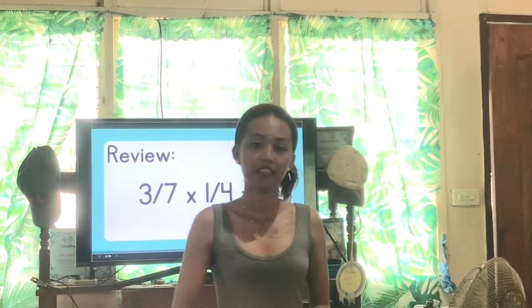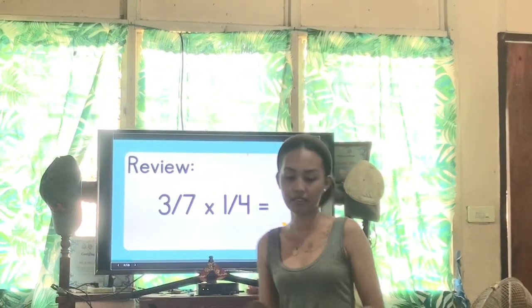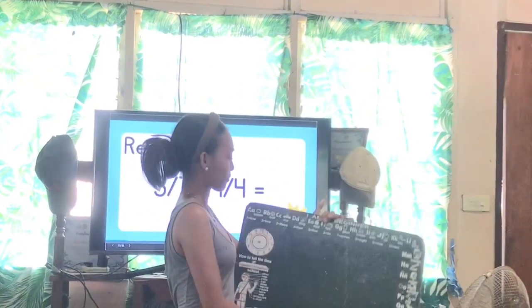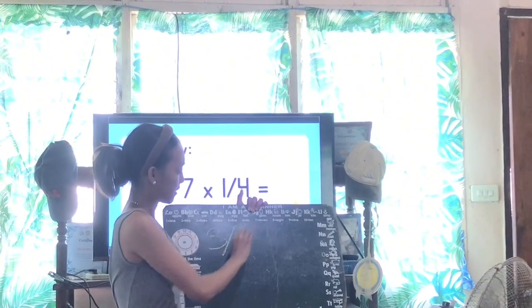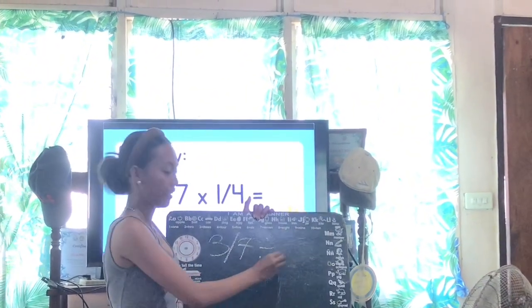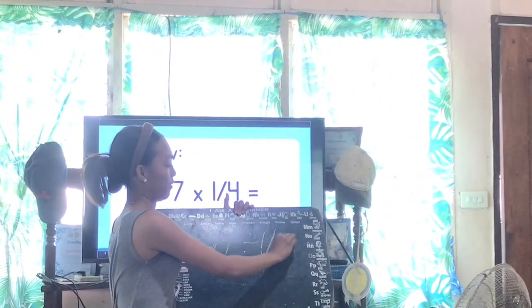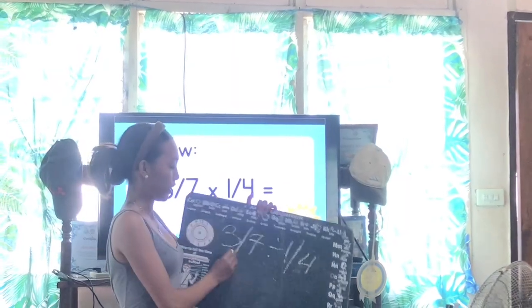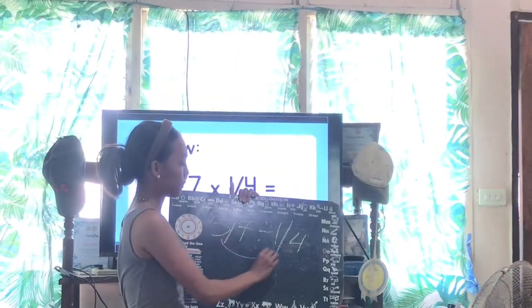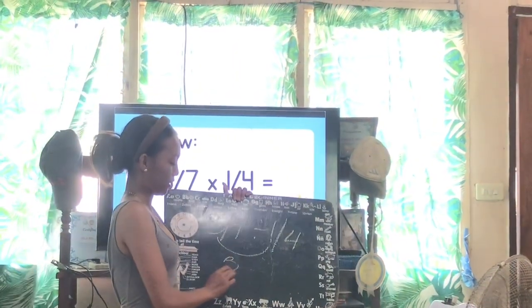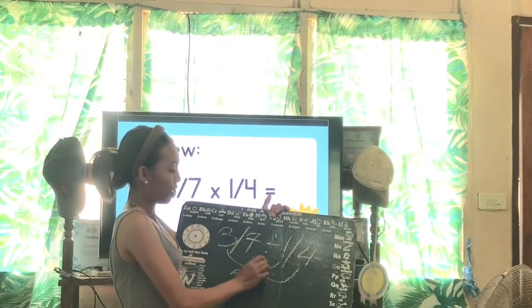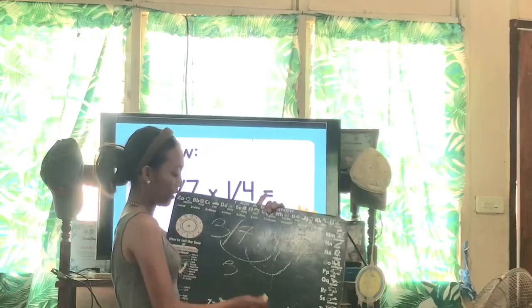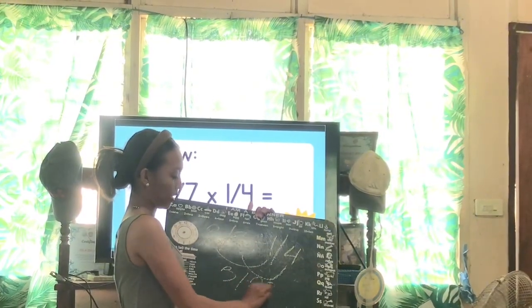So, 3/7 times 1 and 1/4. 3 times 1 is 3, and 7 times 4 is 28.